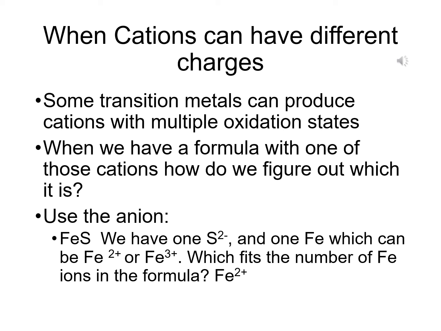So would it be +2 or would it be +3 that we could add to -2 that would give us 0? What plus -2 equals 0? And that would be +2. So that tells us that we have the iron(II) ion here, and we would name this iron(II) sulfide. Okay, let's take a look at doing this a couple of more times so you get a better idea of exactly how to do this.